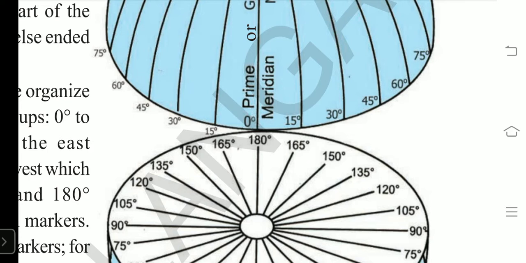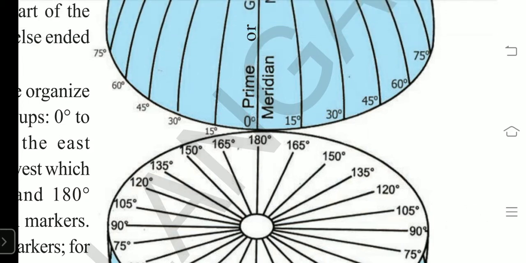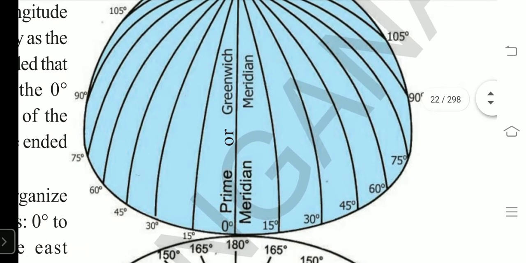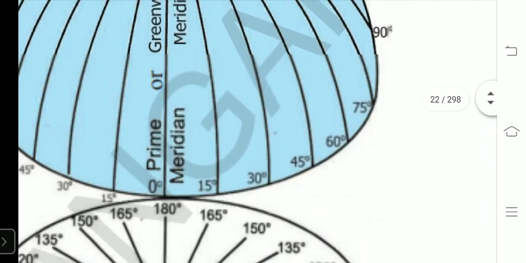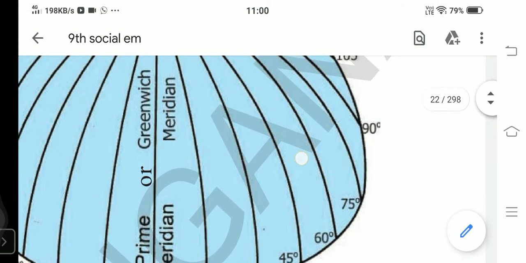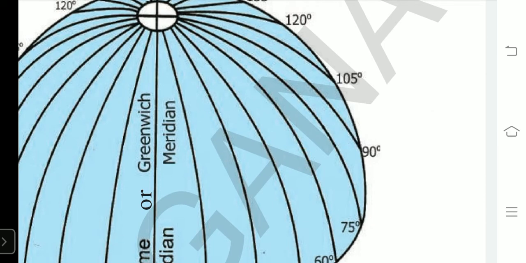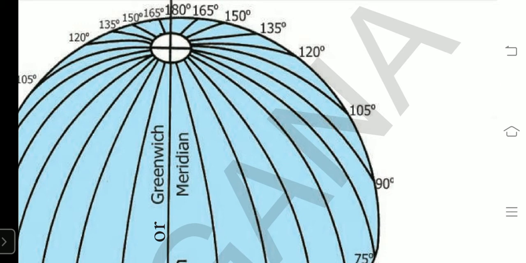So if it is 12 on the prime meridian, at 15 degrees east longitude, it becomes 1 p.m. On 30 degrees east longitude, it becomes 2 p.m. On 45 degrees east longitude, it becomes 3 o'clock, right? Then at 60 it is 4 o'clock, then 5 o'clock evening, 6 o'clock evening, then 7, 8, 9, 10, 11, 12.